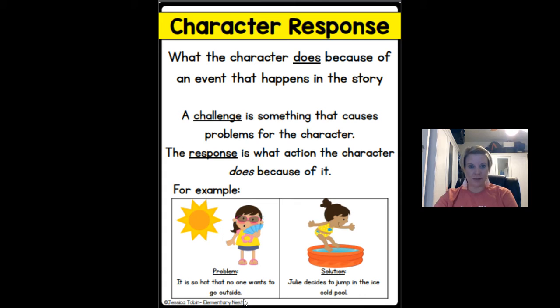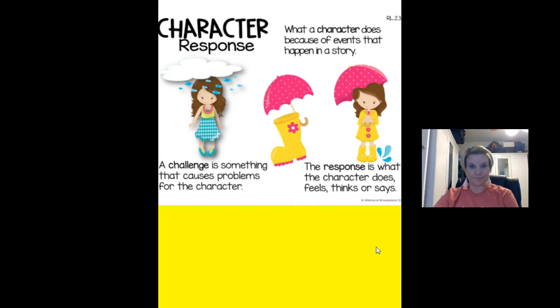Our little example at the bottom: it's so hot outside that no one wants to go outside. So, our friend Julie solved the problem by jumping into an ice cold pool.